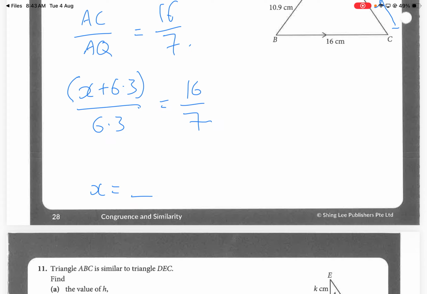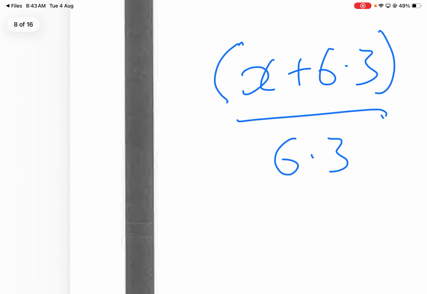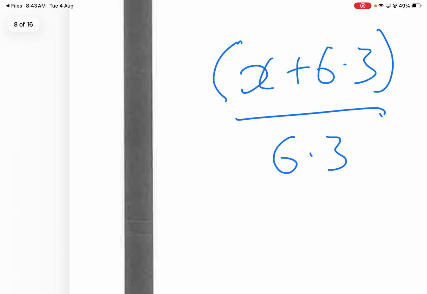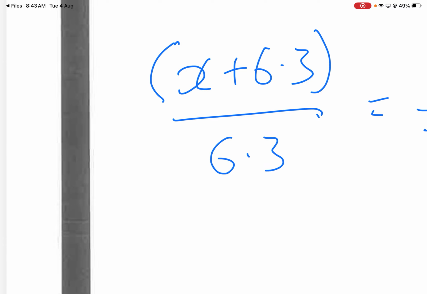On the left hand side, I only look at the left hand side. I want to remove this denominator, I need to multiply. Because once I multiply by 6.3, the 6.3 will cancel with the 6.3. Okay? So I want to multiply a 6.3 to cancel out. Once I cancel out, I'll be left with X plus 6.3.